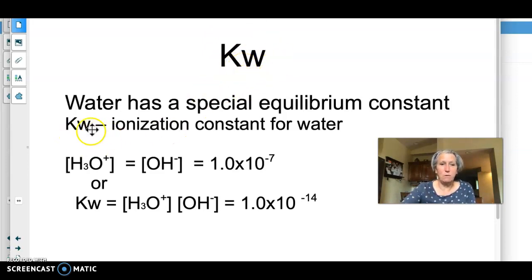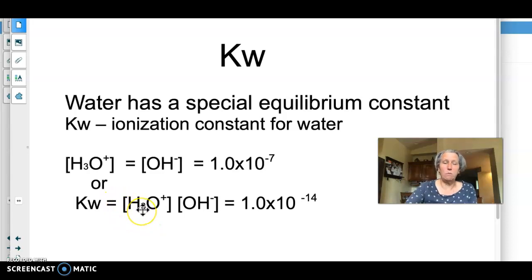The W stands for the ionization constant of water, and it is defined as the concentration of the hydronium ion times the concentration of hydroxide ion, and it will always have the value of 1 times 10 to the negative 14. So this is a good equation to know.